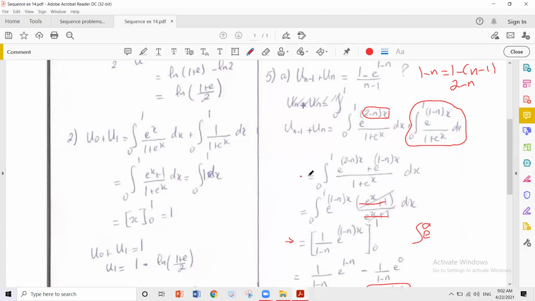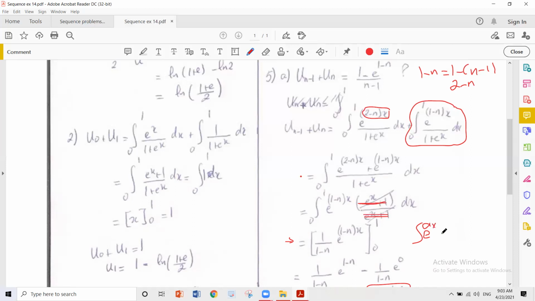You understand till here? Yes. Factorization: we take common the least power. 1 minus n is less than 2 minus n. e to the 1 minus n x remains here, e to the x plus 1. Then e to the x plus 1 over e to the x plus 1 simplifies.